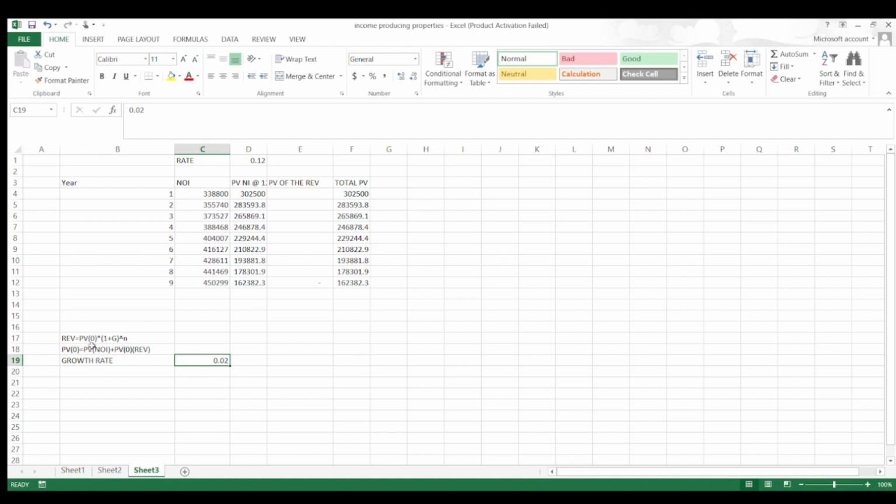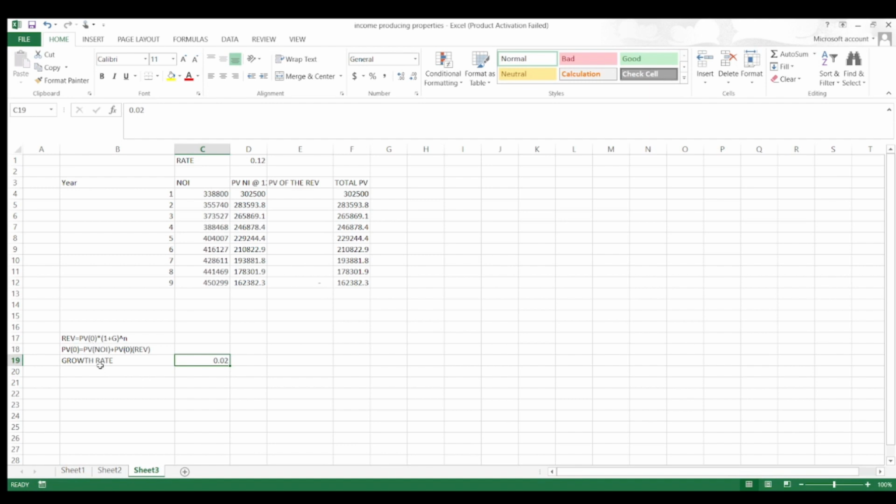And the formula of the present value is equal to the present value of the net operating income plus the present value of the reversionary amount. So with this information, we can calculate the present value, and knowing the present value, we can then calculate the estimate of the reversionary amount.